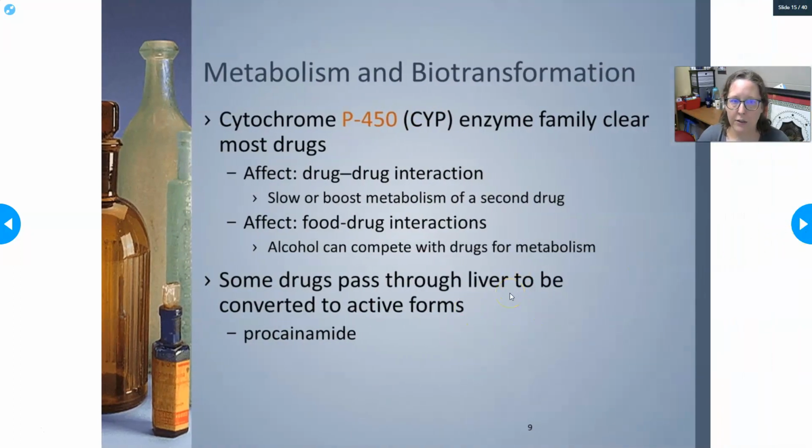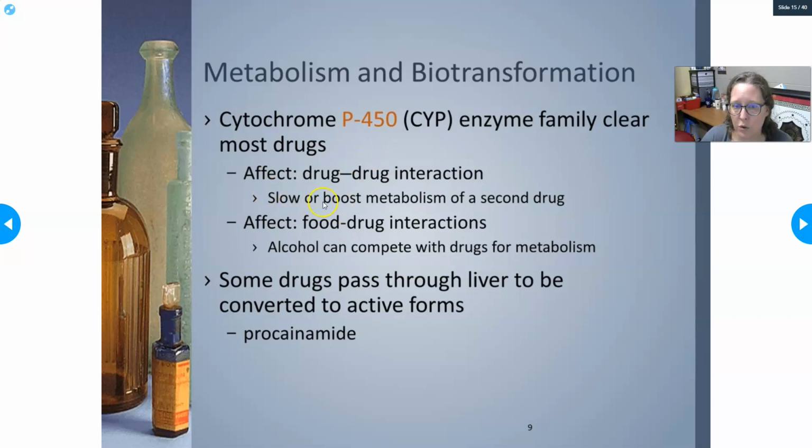Okay, so the cytochrome P450 enzyme family metabolizes most drugs. And again, the profile of what an individual has, how many variations there are in these enzymes, there's a whole family, there's a bunch of them, right? This can affect drug-drug interactions, especially if they're both competing or both being metabolized by the same family of enzymes or the same enzyme.